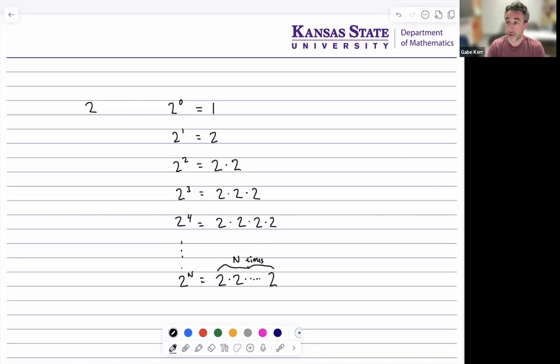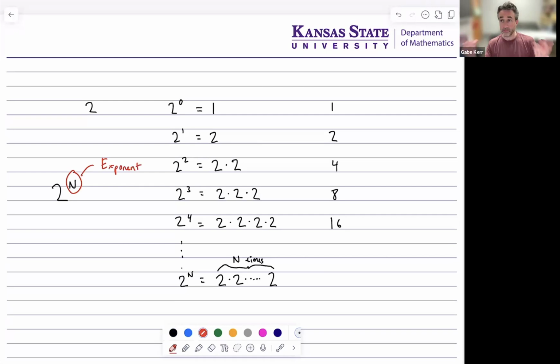Of course, we can evaluate this. We can see that this is going to be 1, 2, 4, 2 times 2 times 2 is 8, 16. And you can see these numbers are growing pretty rapidly, as you would guess. A little language here: when we write 2 to the n, this number here is called the exponent.